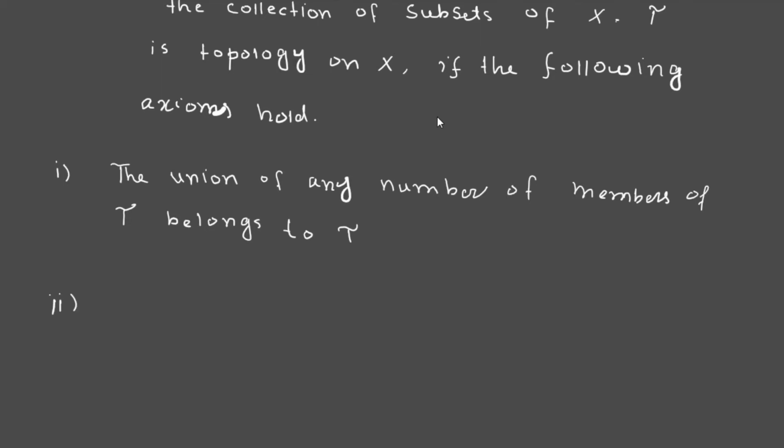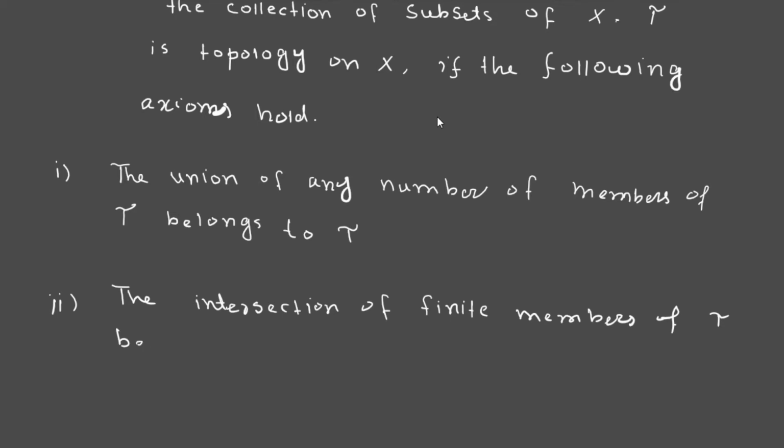Since in the first property we talk about the union, in the second property we talk about the intersection. The intersection of a finite number of members of tau belongs to tau.